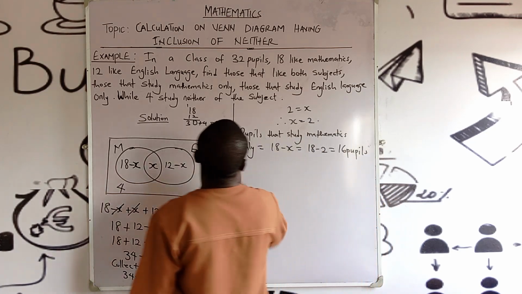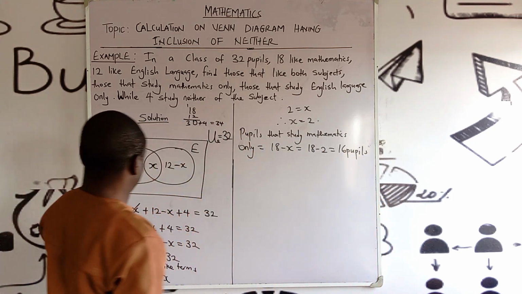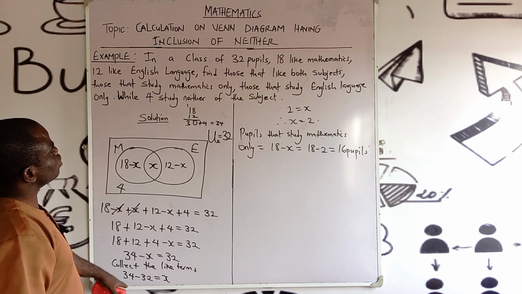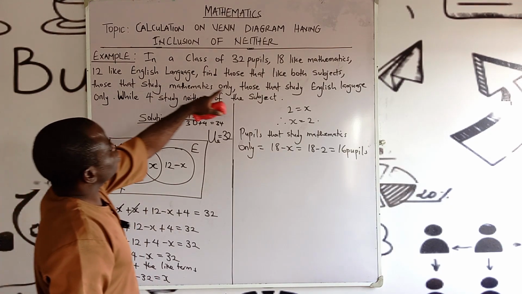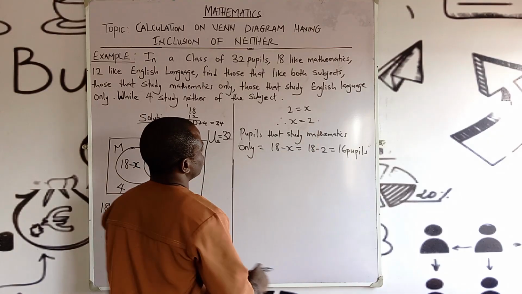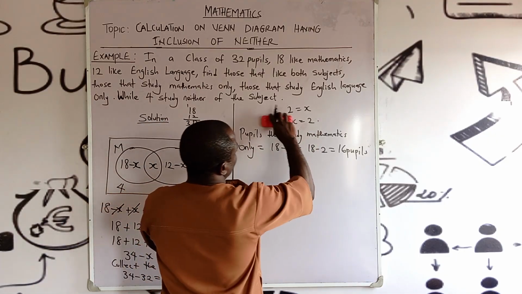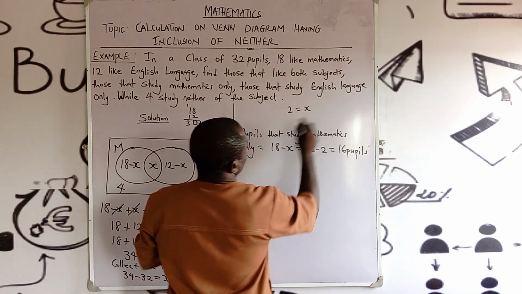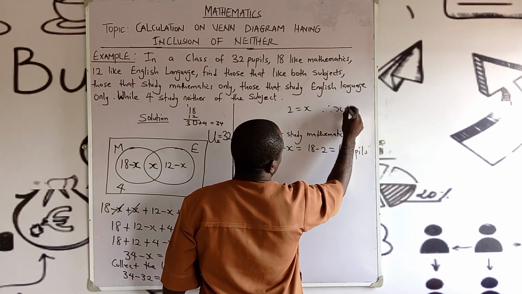These 2 are those that like both subjects. Write it very well. Therefore, x equals 2.